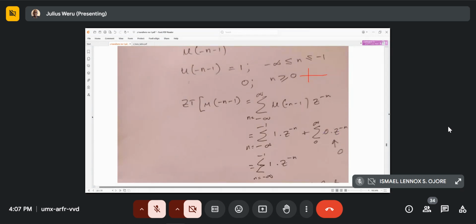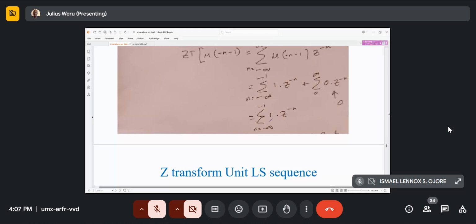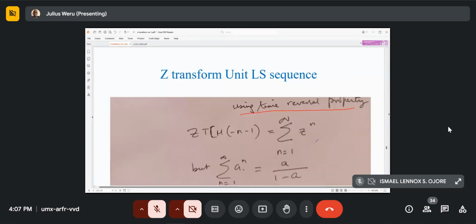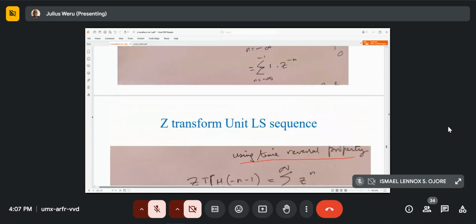So this simply becomes this, and there is a time reversal property. It means that it is the same as the summation from n equals 1 to infinity of z to the n.